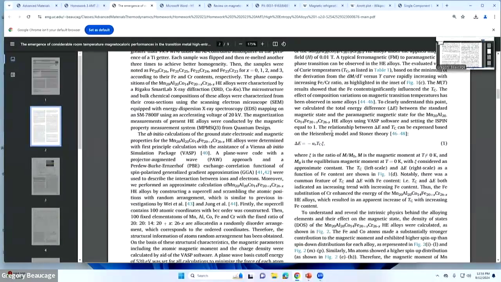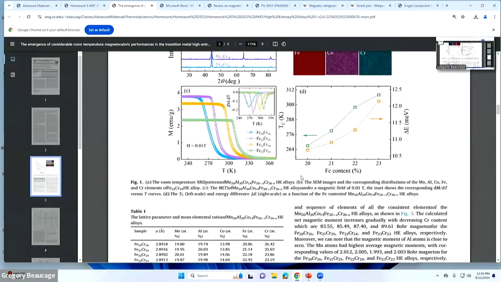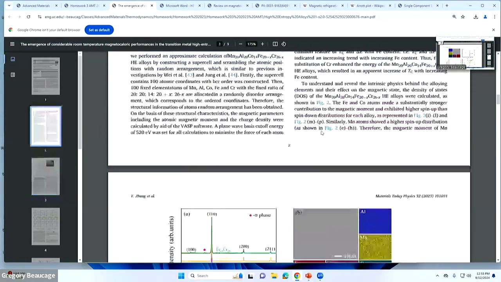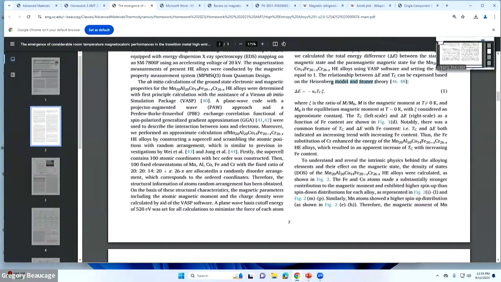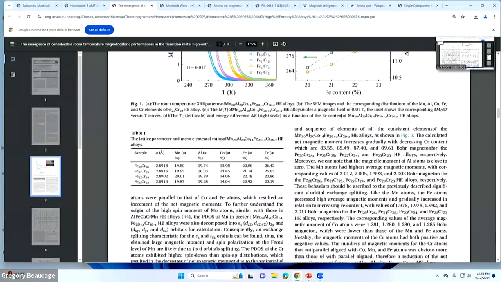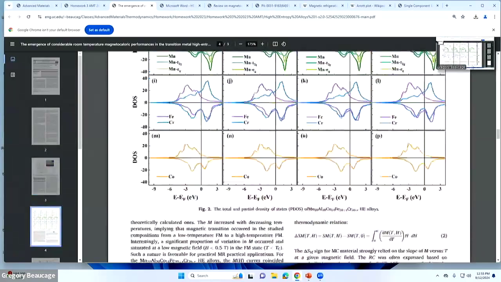This is the Heisenberg model, Stoner theory, for this kind of Curie transition. The delta E should go with TC, and he demonstrates that here. He has delta E, TC, that's good. That means it's following these models for this kind of transition. And then equation 2 is where he's getting the delta S that he's going to use.